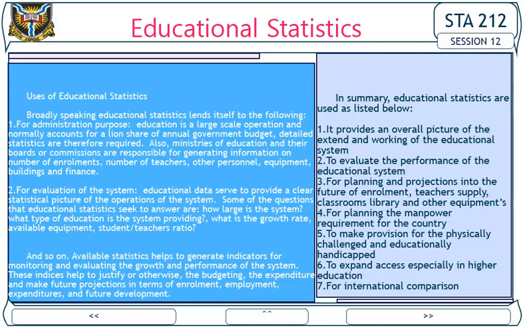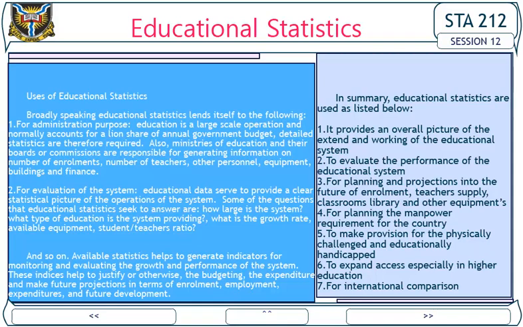Available statistics help to generate indicators for monitoring and evaluating the growth and performance of the system. These indices help to justify or otherwise the budgeting, the expenditure, and make future projections in terms of enrollment, employment, expenditures, and future development. In summary, educational statistics are used as listed below.